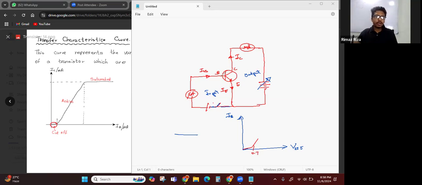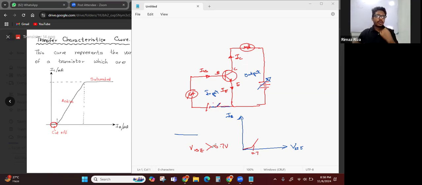If you want a current in the input circuit, VBE should be greater than 0.7 volt. Then only this junction will be biased, and if the BE junction is biased, you can find a current IC in the output circuit.